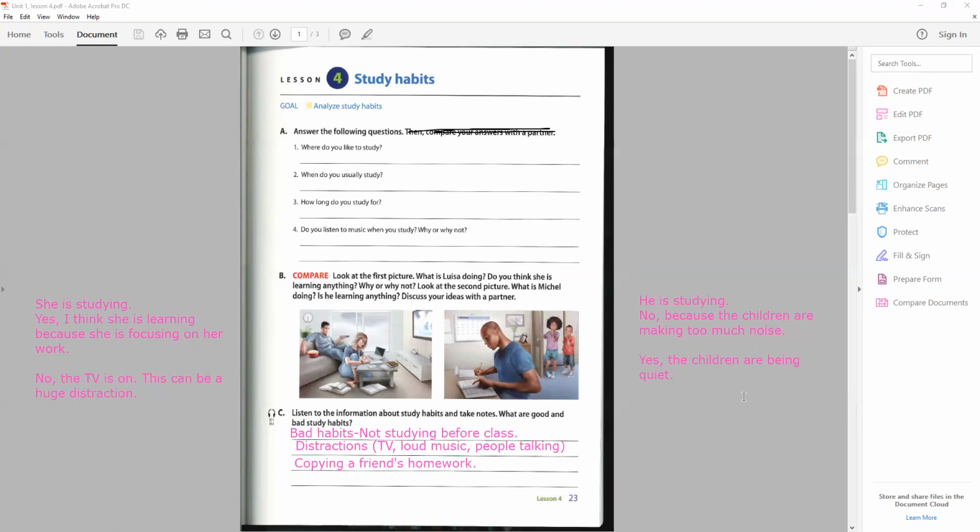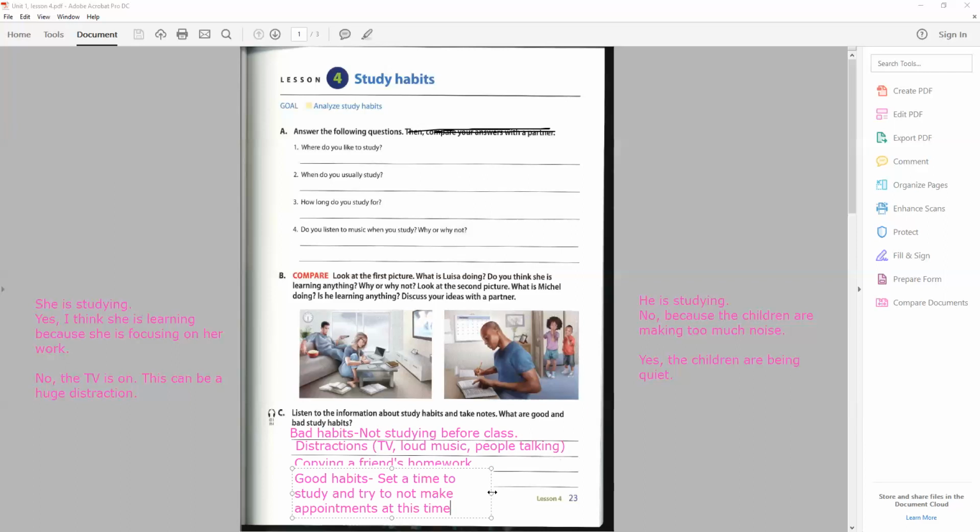But remember in the video, he said that there are easy ways for you to make those into good study habits. Good habits. The first one is set a time to study and try to not make appointments at this time.